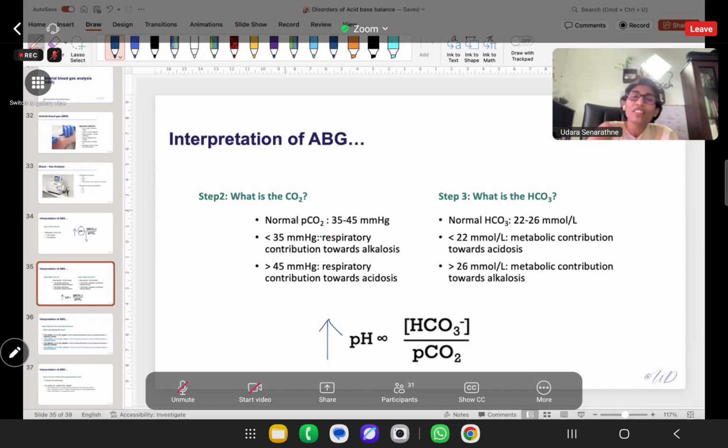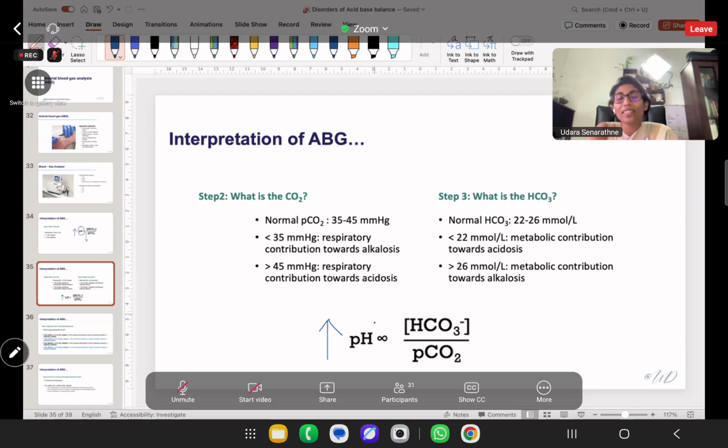So first, you can look at the respiratory component. If it is going against the pH, then it is not the component that is contributing to the pH. Or if it is going with the pH, then it is the one that is contributing to the pH.